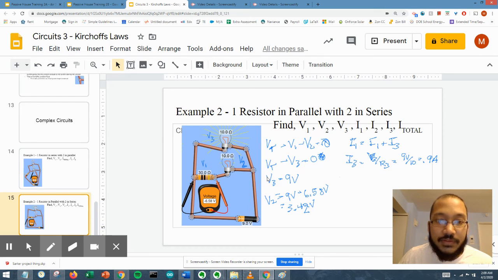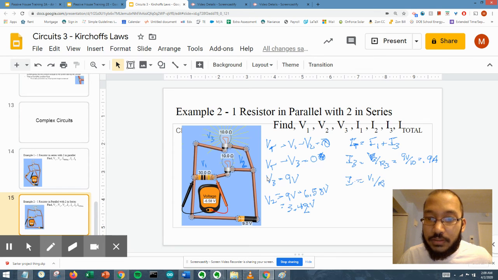Forgive me with the units. And so this is I total. I'm going to solve for I total last. I want to solve for I1. So I1, I know the voltage across it is this, and the resistance is that, so I1 is equal to V1 over R1.